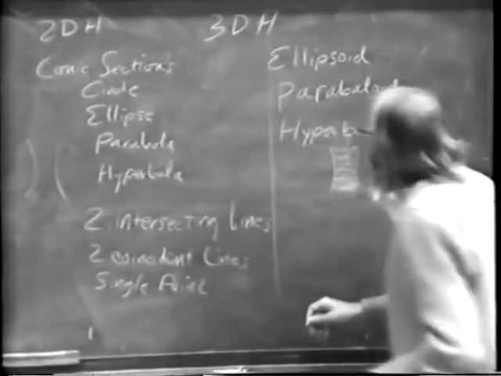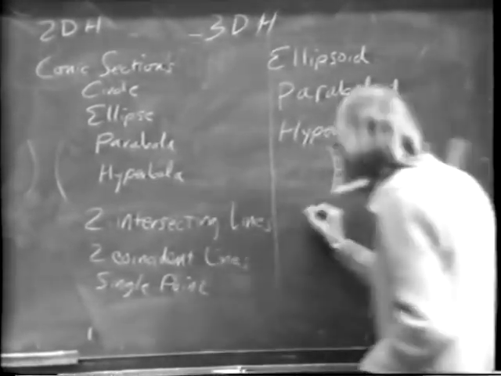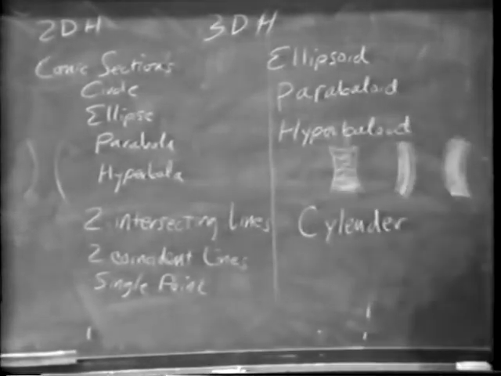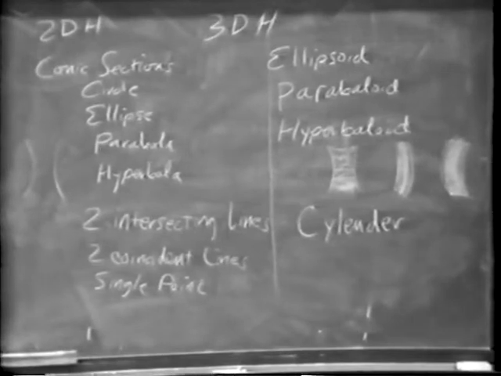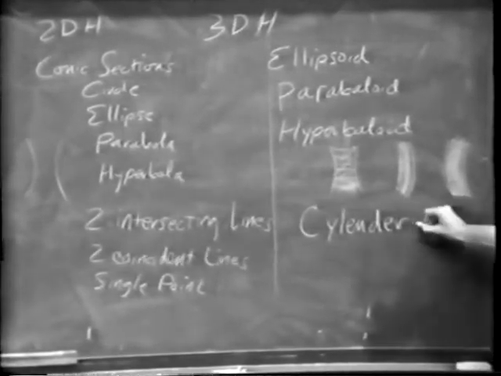And similarly down here, there are some degenerate 3D curves. Cylinders, for example, with various cross-sections. Elliptical cross-sections or hyperbolic cross-sections or parabolic cross-sections, so there's kind of three different types of cylinders.